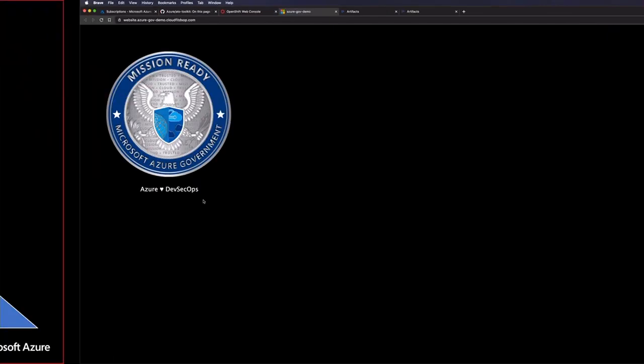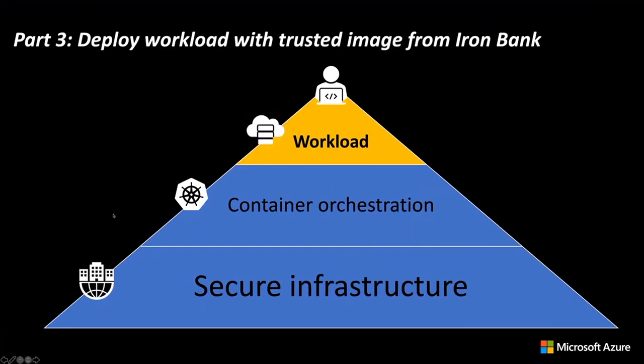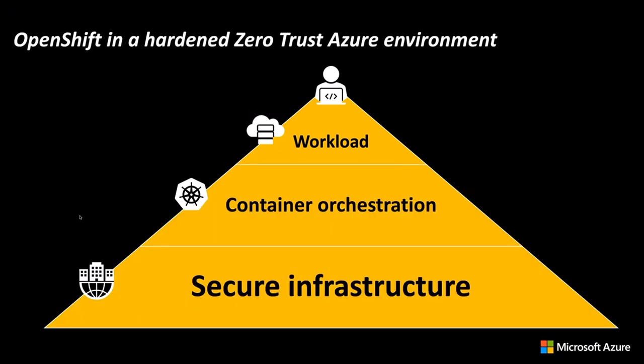So let's end by going over the 3 different parts we've showed you tonight. We've gone through the journey of getting an app into production with DoD-specific principles in mind, like visible compliance and defensibility. And we've landed at a secure workload, sitting on top of secure OpenShift, sitting on top of secure infrastructure in Azure.